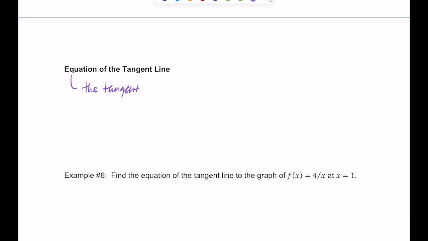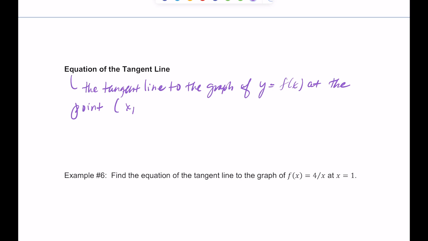So the tangent line to the graph of y equals f of x at the point x1, f of x1, so x1 comma f of x1, is given by, and this will look familiar, it's just the point slope formula, y minus y1, when your y1 here is f of x1, equals m times x minus x1, right?